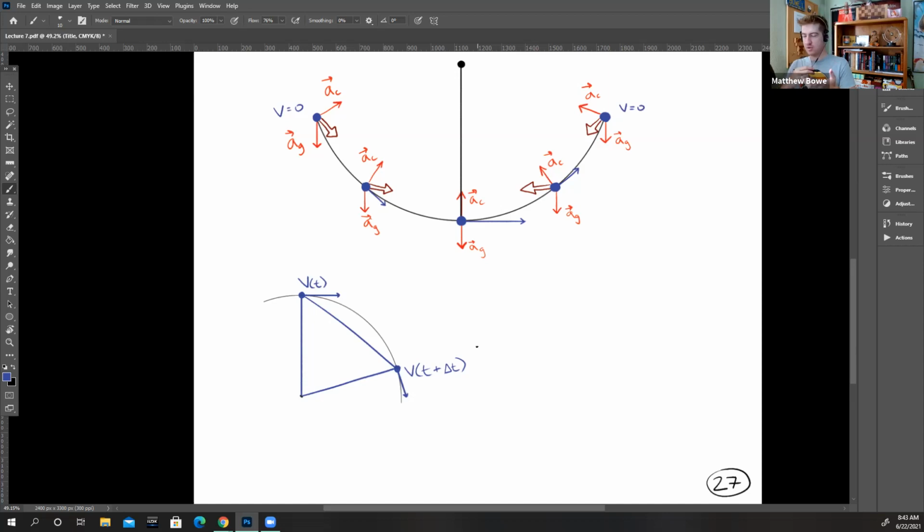So this is me, tracking where it is, what's its velocity as time changes. And this is related to this object moving in a circular path.